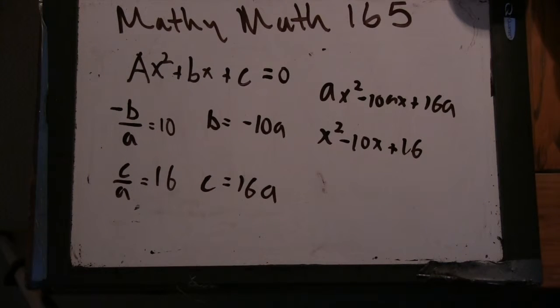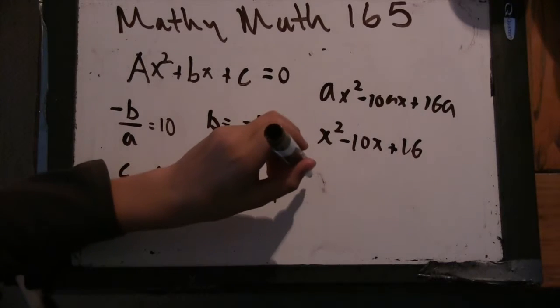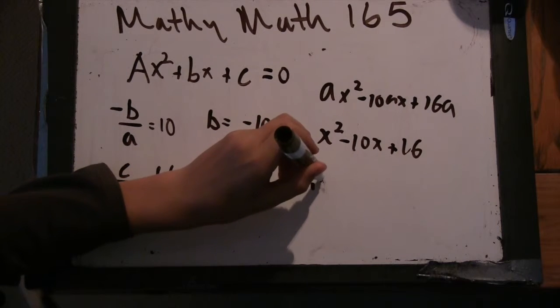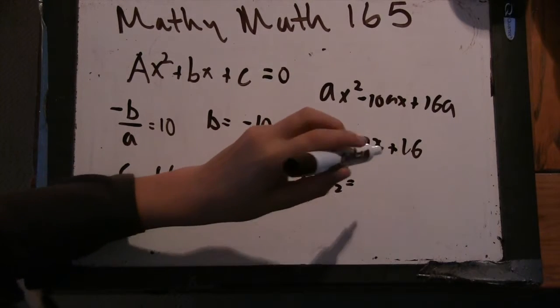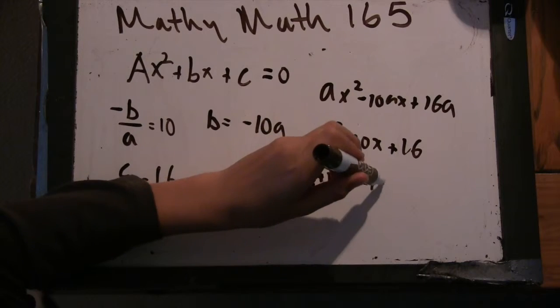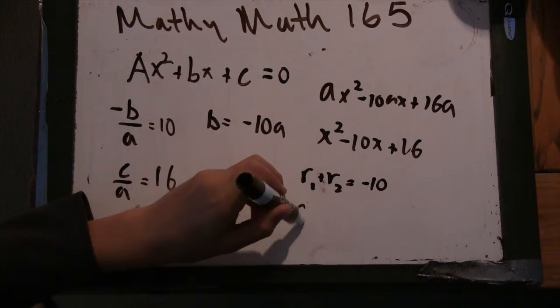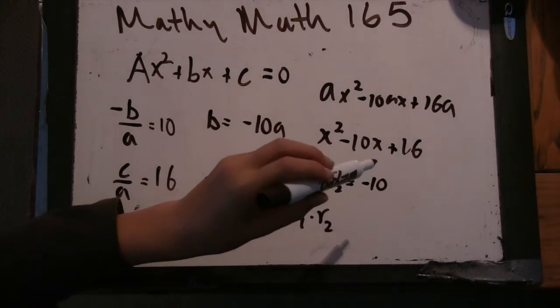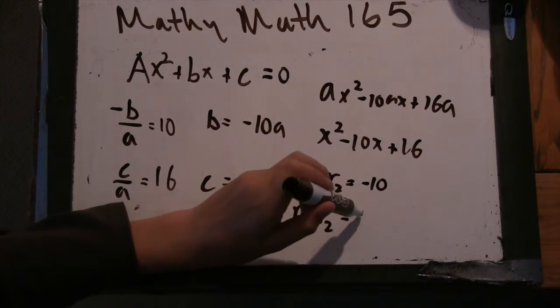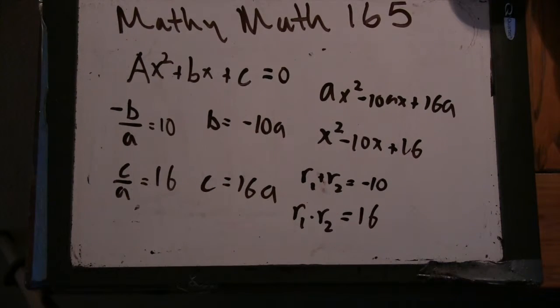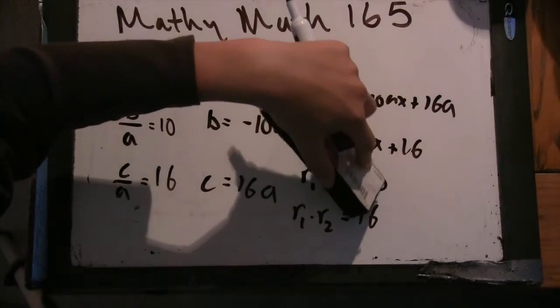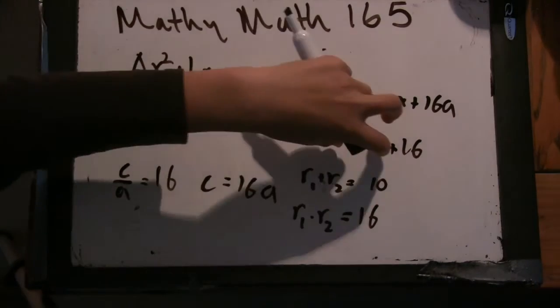Okay, so we know that r1 plus r2 is minus 10, r1 times r2 is 16. Well, careful. What did I tell you the sum of the roots was? The sum of the roots was 10. Why is it minus 10? Because this is the negative.